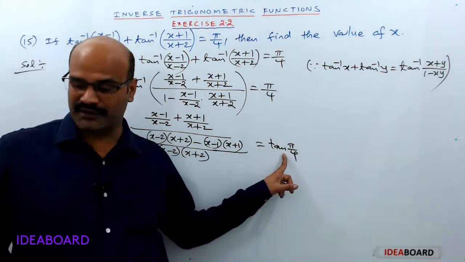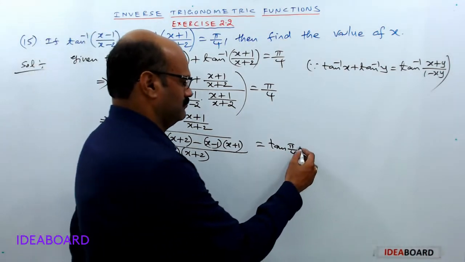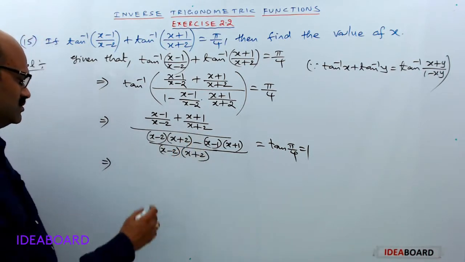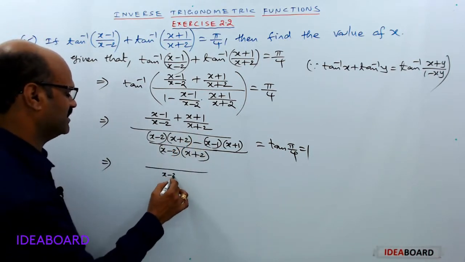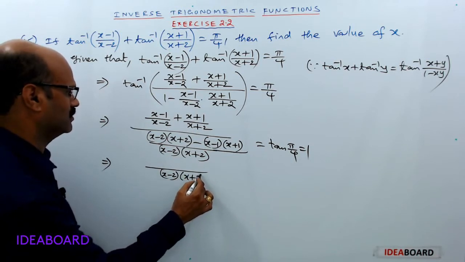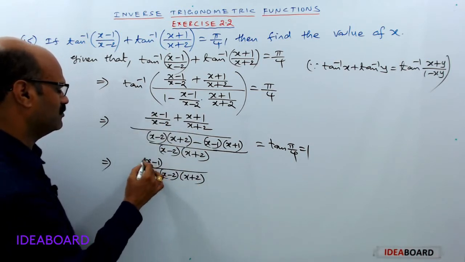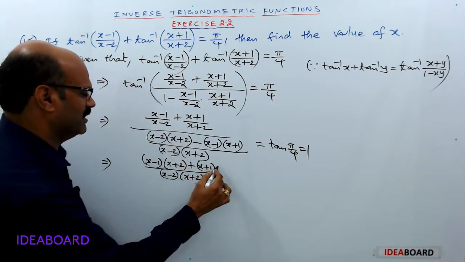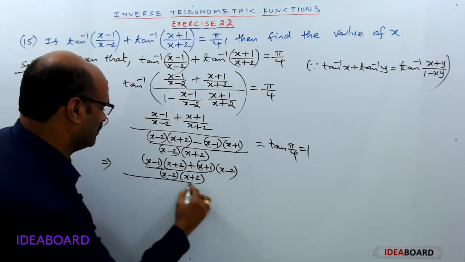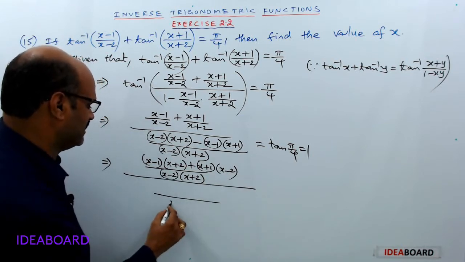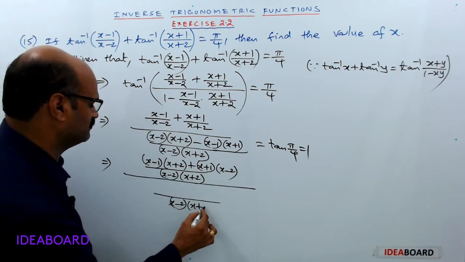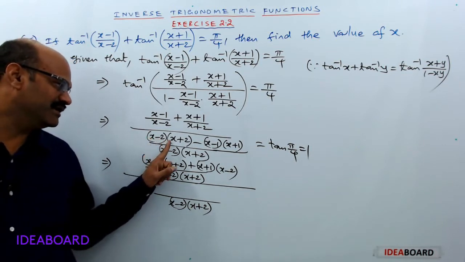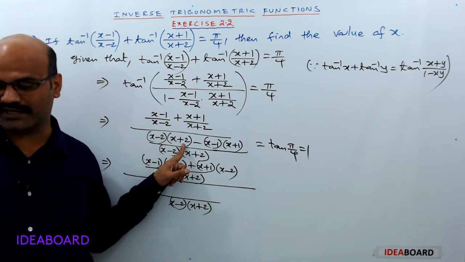We know that tan pi by 4 equal to 1. Here take LCM in the numerator also. So when you take LCM in the numerator, (x minus 2) into (x plus 2), (x minus 1) into (x plus 2) plus (x plus 1) into (x minus 2) upon (x minus 2) into (x plus 2). a minus b into a plus b equal to a square minus b square.